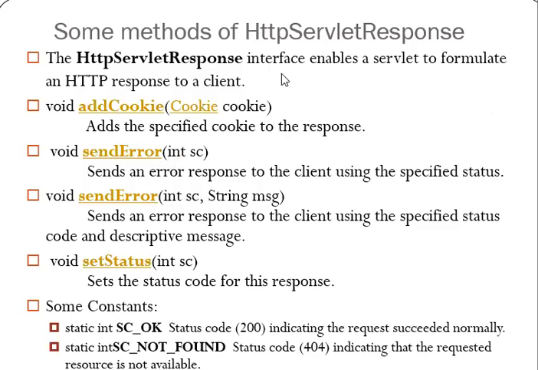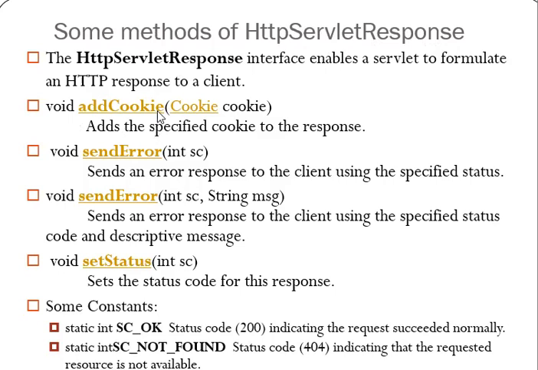Some of the methods present in the HTTP servlet response class are these. Again, response means it is sent from the server to the client. This particular information is sent to the client for taking actions. One such is add cookie.